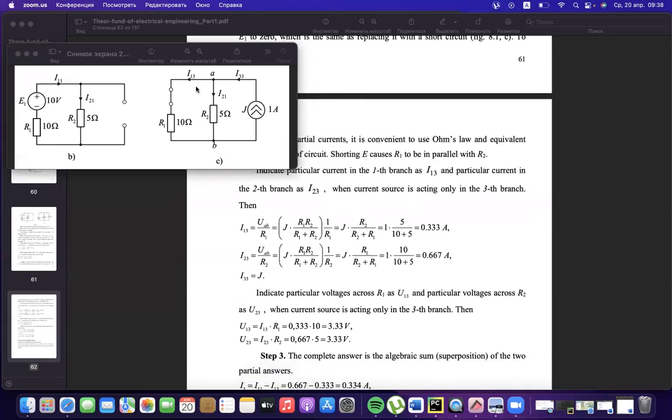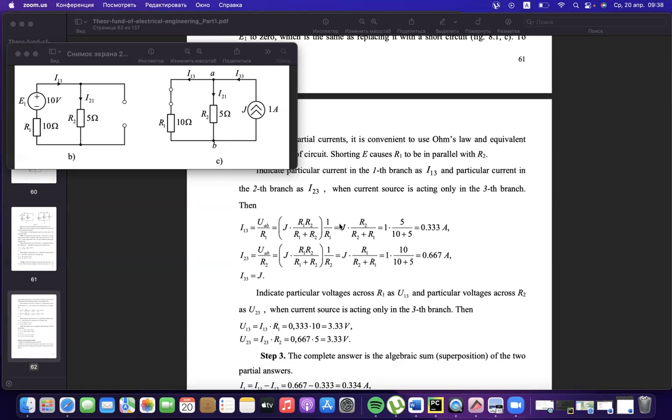The second part of this circle is represented here from the current source. We could find the partial currents in the case of resistors R1 and R2, either from voltage, or from proportion between 2 resistors. We could find voltage as current multiplied by the parallel connection, as it's shown here, and then voltage AB divided by resistor R1 or R2.